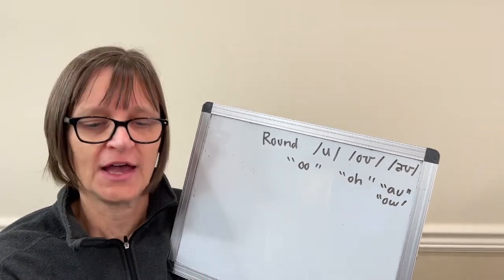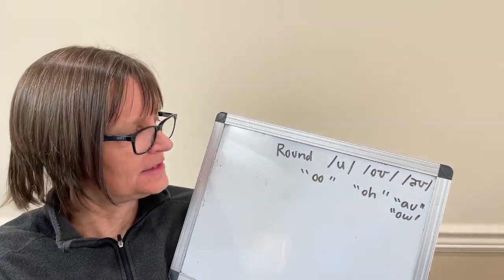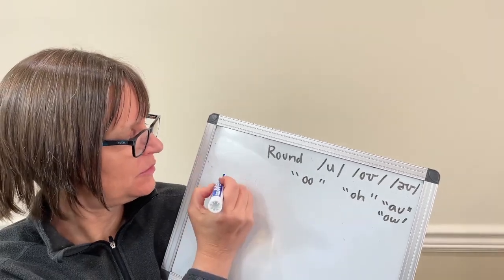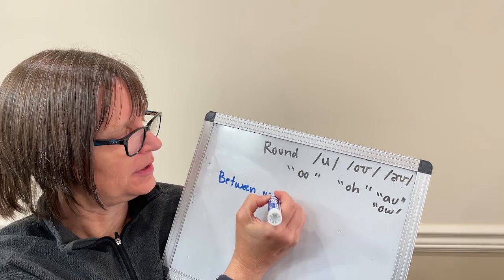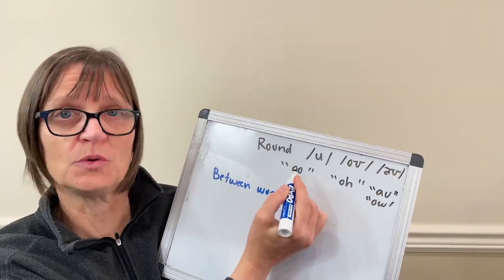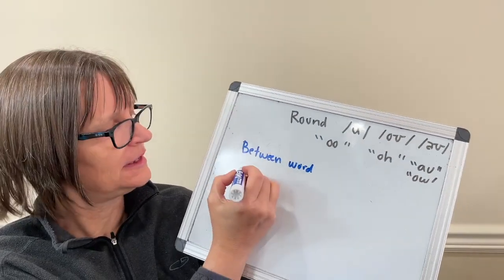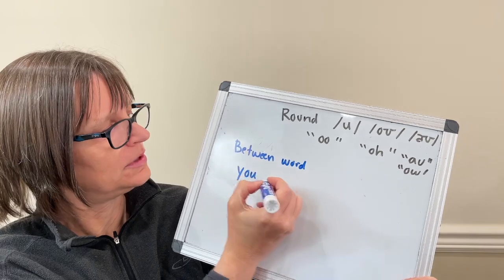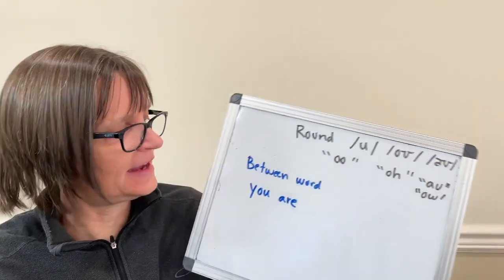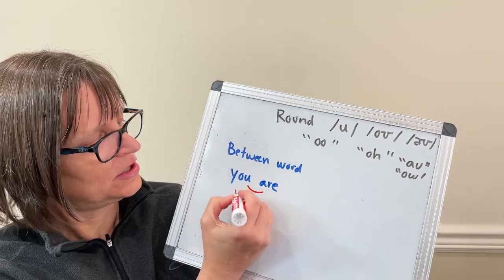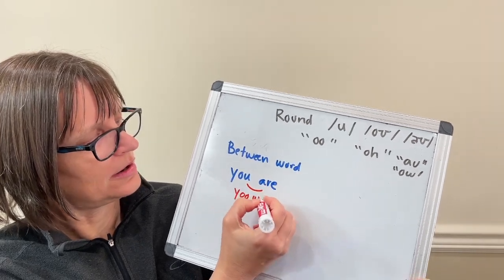So when a word or syllable ends with one of these vowels, again, we link these. So between words, for example, if I have a word that ends with oo and the next word starts with a vowel, like you are, we're going to end up linking that, and it sounds like you are.